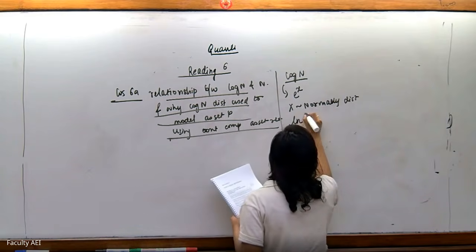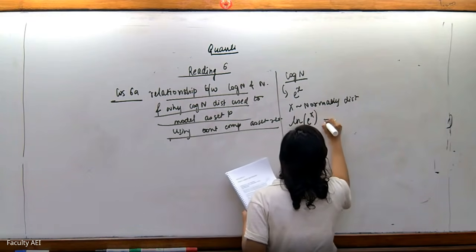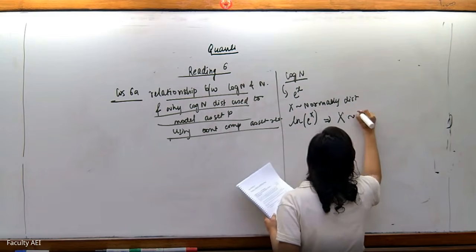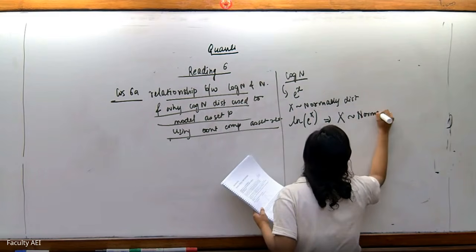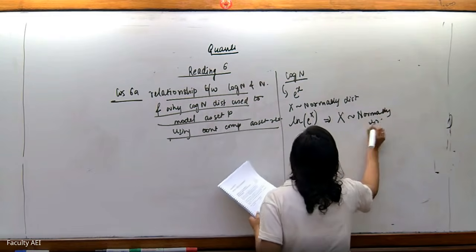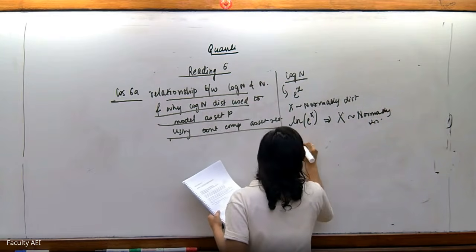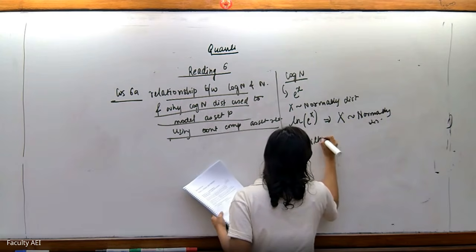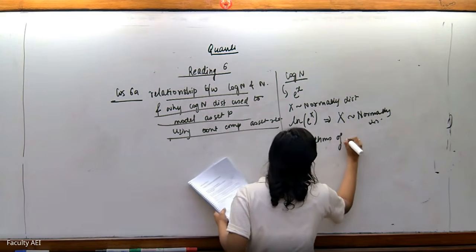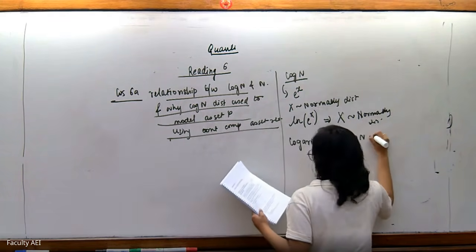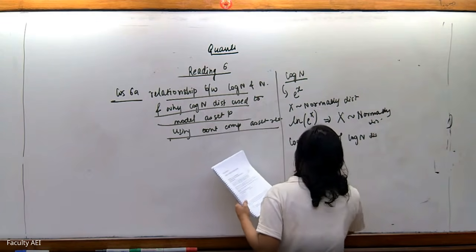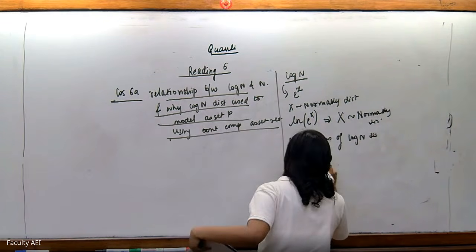And because ln of e to the power x is equal to x, which is normally distributed, because ln and e neutralize each other, logarithms of a log normal distribution follow normal distribution.